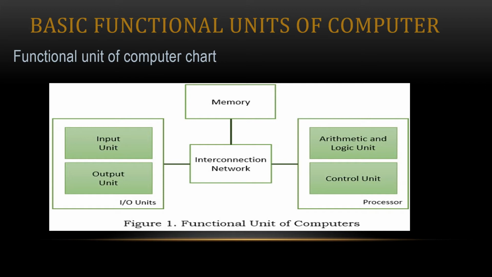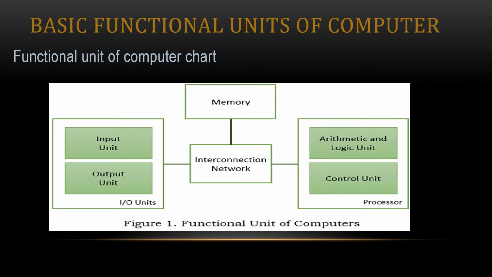The control unit will coordinate all these activities. And when the processing is done, the output unit will give the output to the outside world. So this is the overview of the computer hardware.